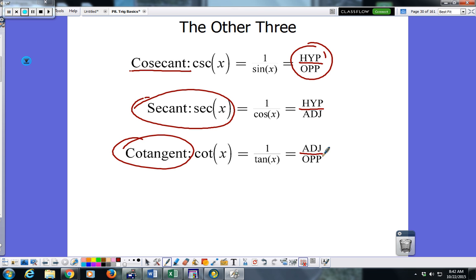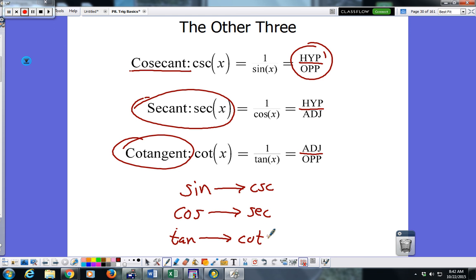Here's how I remember this. Sine goes with, and here's the abbreviation, cosecant. Cosine goes with secant. Now the tangent one's pretty easy. Tangent goes with cotangent. And the tangent-cotangent relationship kind of gives me a way to remember these.